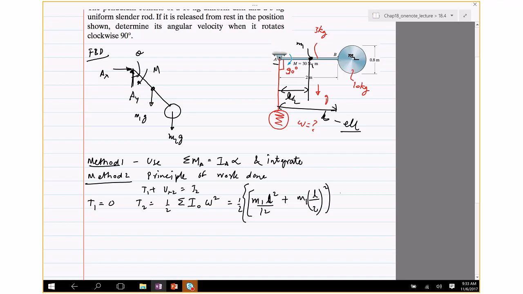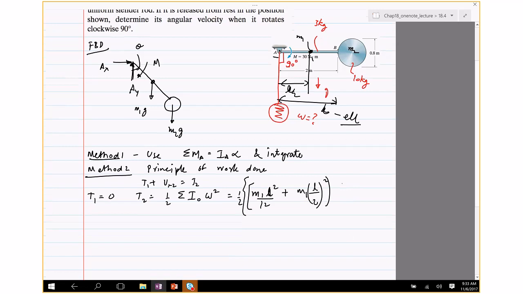So plus half m2, the inertia of a disk is m r squared divided by 2. To continue on the next line, write it this way: half I omega squared plus half the inertia of the disk, well, I need to find the inertia of the disk about A. So again, I need to use the parallel axis theorem.